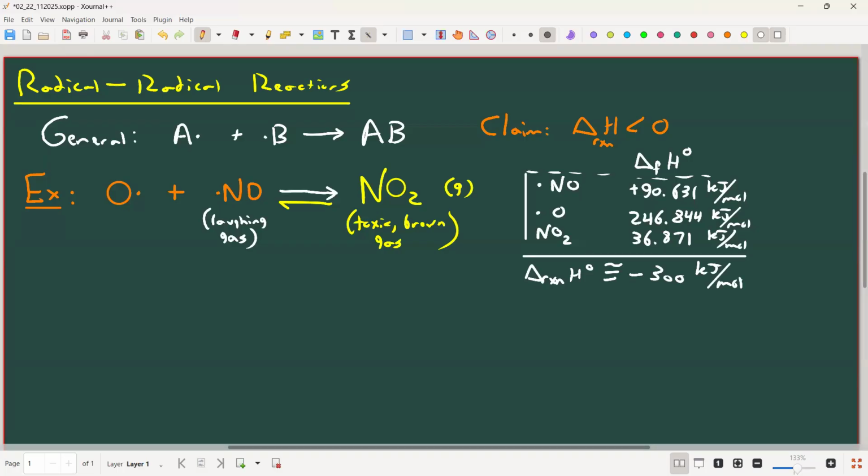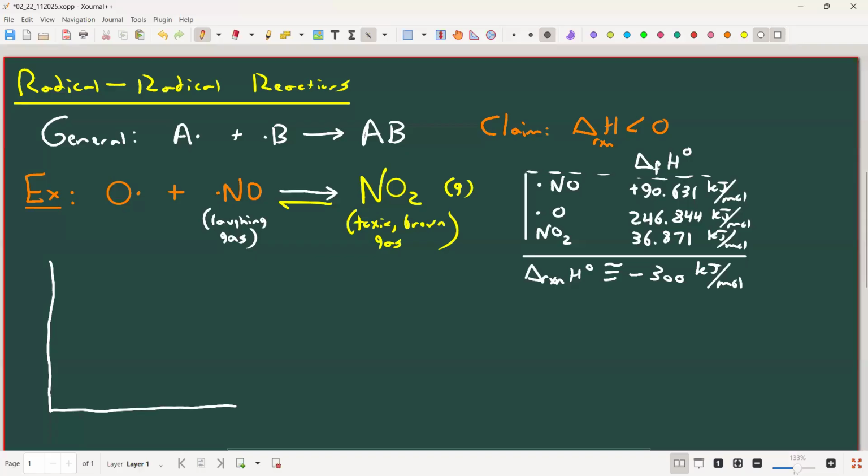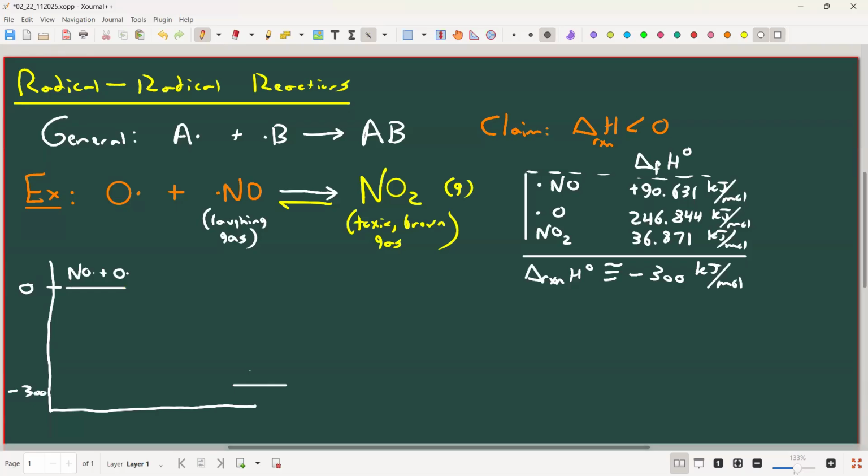Exothermic reaction, the energy drops. So we want to draw a reaction coordinate for this to think about the kinetics. So let's go ahead and do that. Our starting materials, we'll say start at 0 energy. We have NO plus O here, and the energy drops by minus 300 to form NO2.